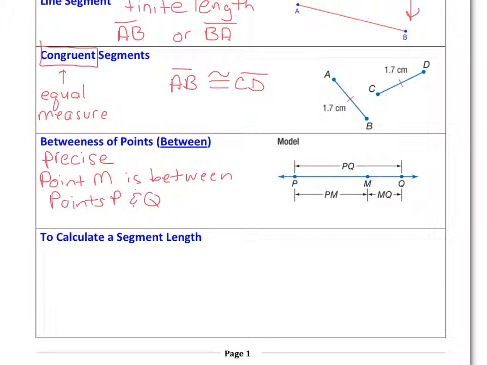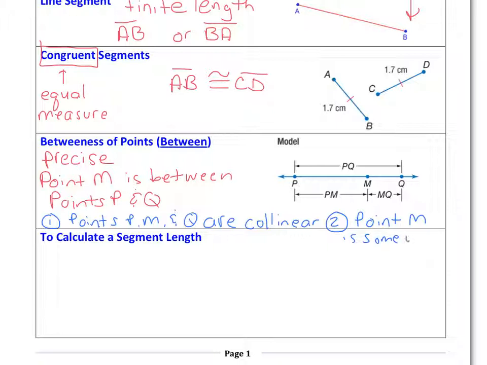It means precisely that number one, points P, M, and Q are collinear. Okay, so that's the first thing. And the second thing is that M is somewhere in between them on the same line, obviously collinear. So point M is somewhere in between.